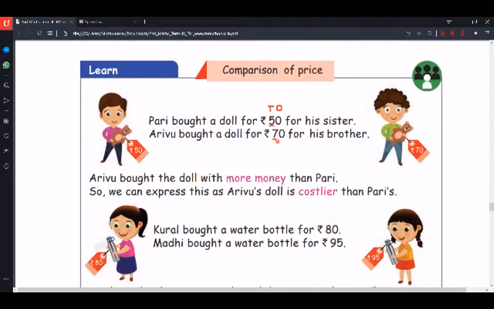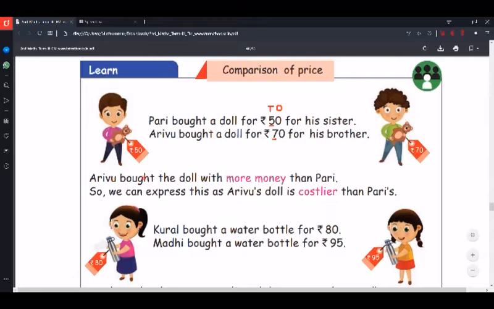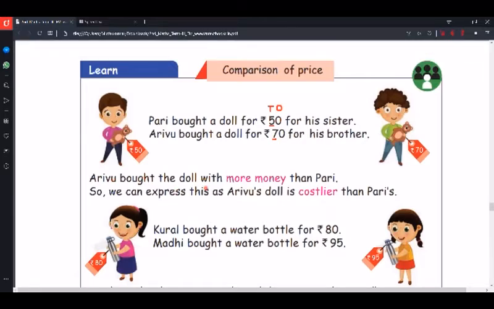So, the doll with more money is the 70 rupees one, isn't it? So, Arivu bought the doll for his brother with more money than Pari, isn't it? So we can express this as Arivu's doll is costlier than Pari's.